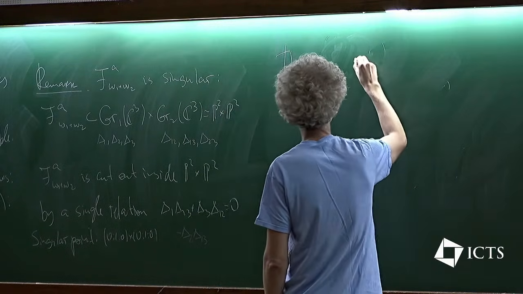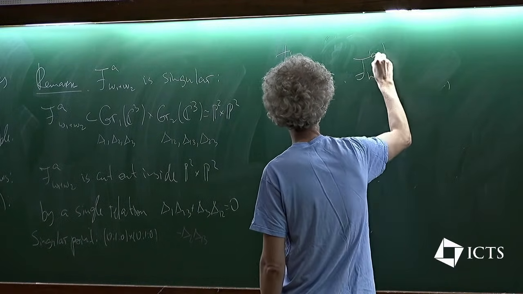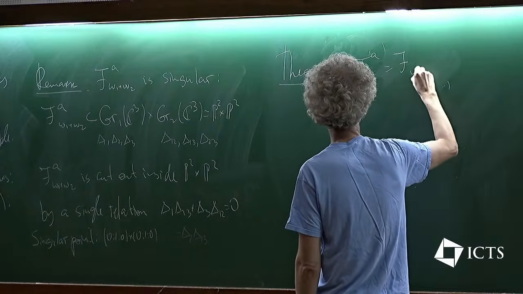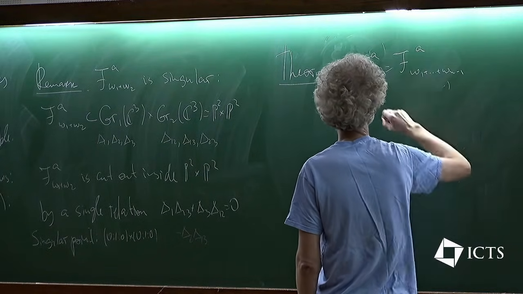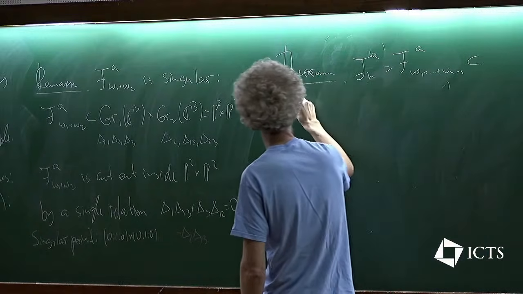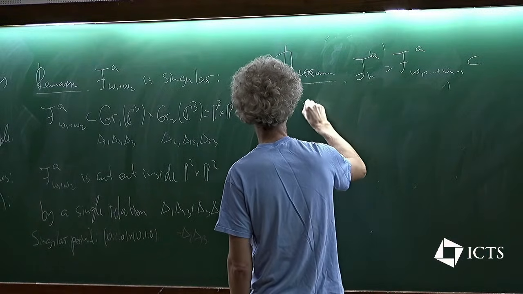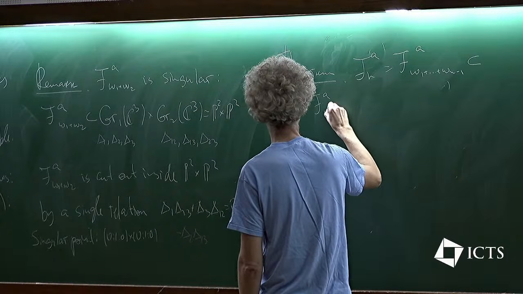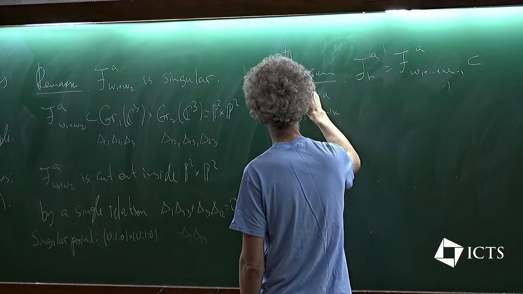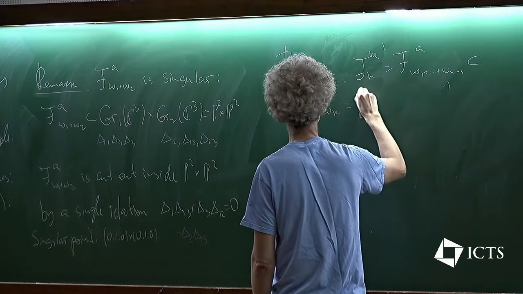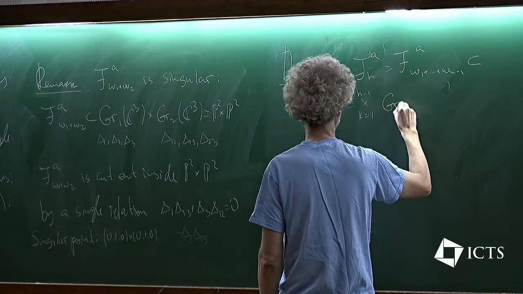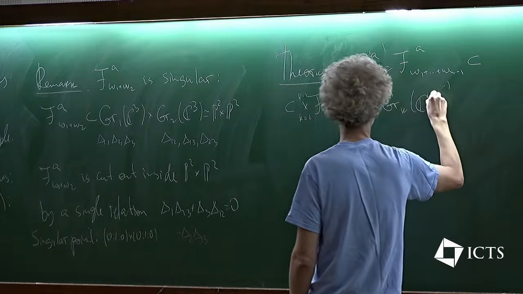Let us look at the F^a_λ, so this is F^a of ω_1 + ... + ω_{n-1}. We know that it lives inside the product of F^a(ω_k), k from 1 to n−1, and this is nothing but the product, k from 1 to n−1, of the Grassmannian Gr_k(C^n).